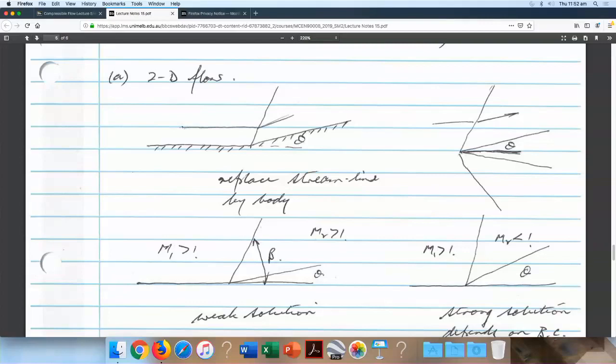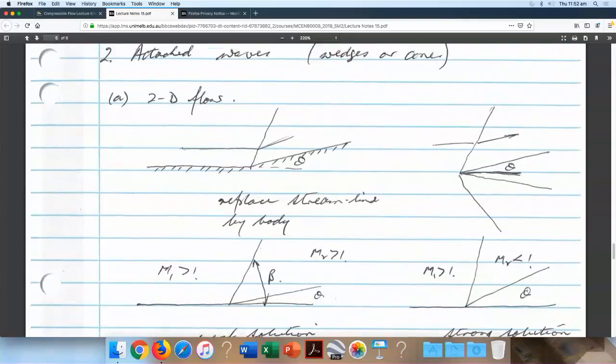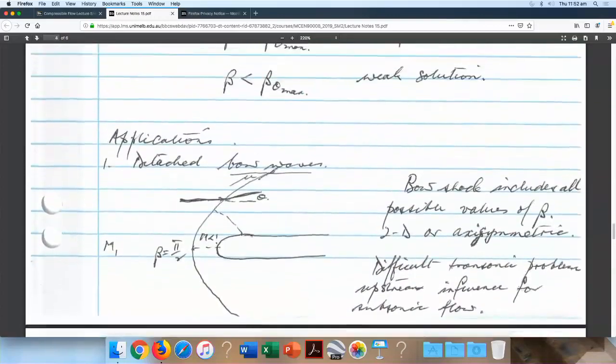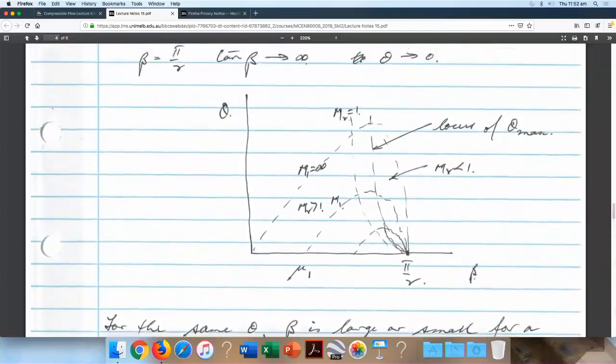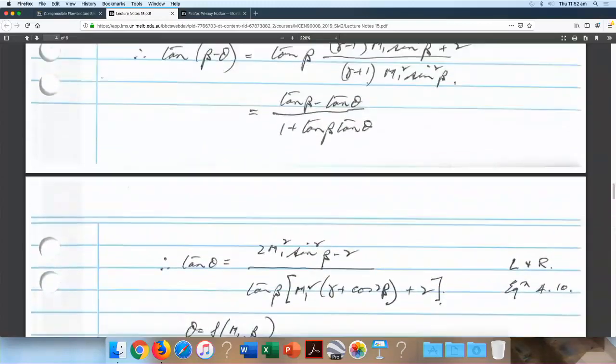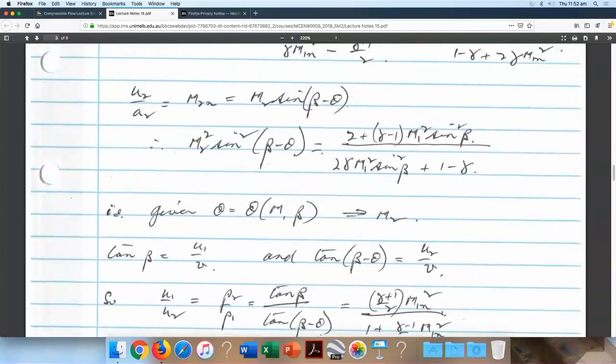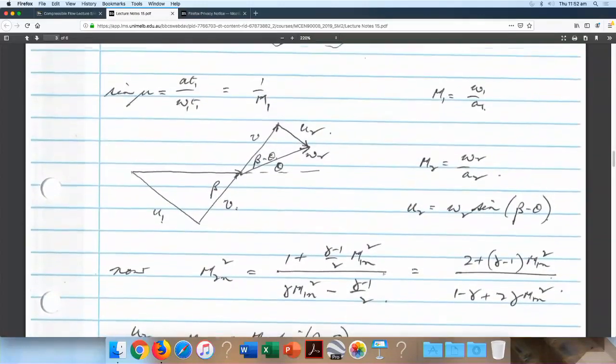But can the same thing happen in the opposite way before the shock? Let's go back to where I started this discussion. If the normal component is subsonic, you would not get an oblique shock wave form. So here's the figure. So you can see that this normal component is much smaller than this normal component.